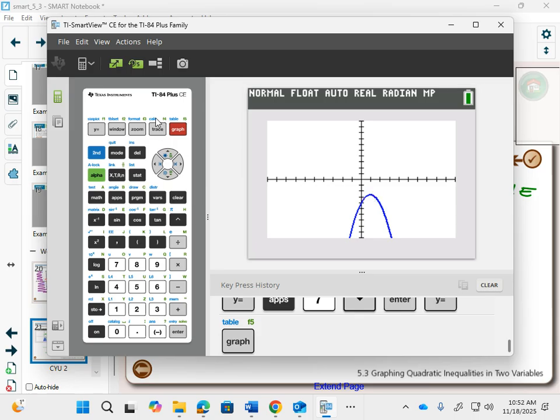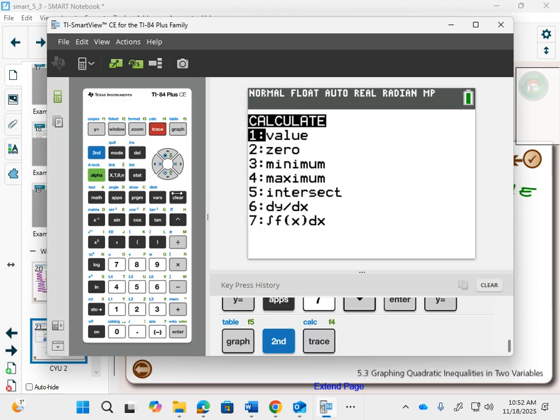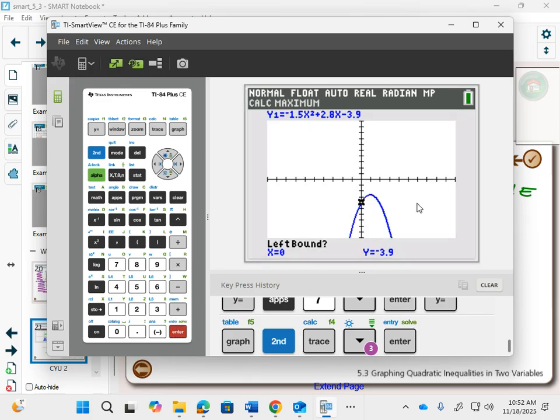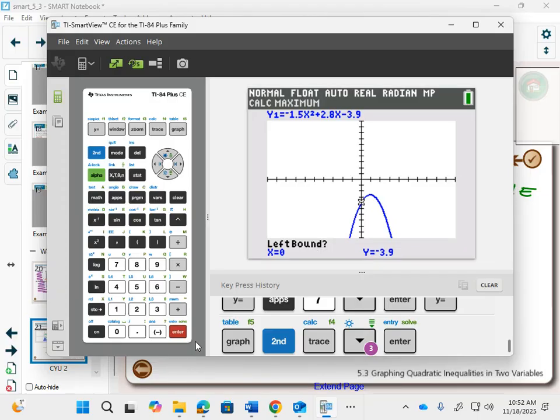Everything on a graph that you want to calculate is above the trace button where it says calculate. So I'm going to hit second and calculate. And here I want to find my vertex, which is a maximum. So I'm going to find that maximum. A cursor shows up and it says, which is the left side of your maximum? Does it look like my cursor's to the left side of my maximum? Yes, I can push enter.